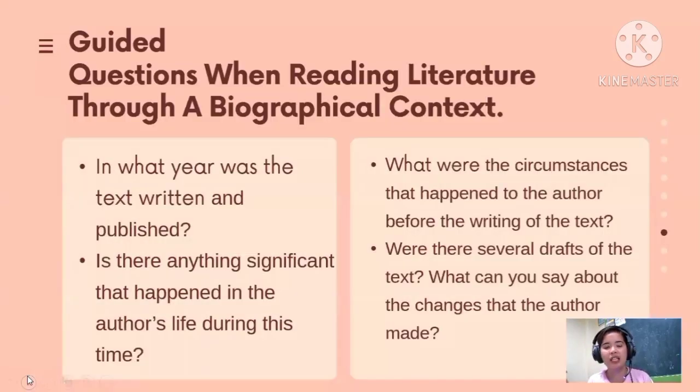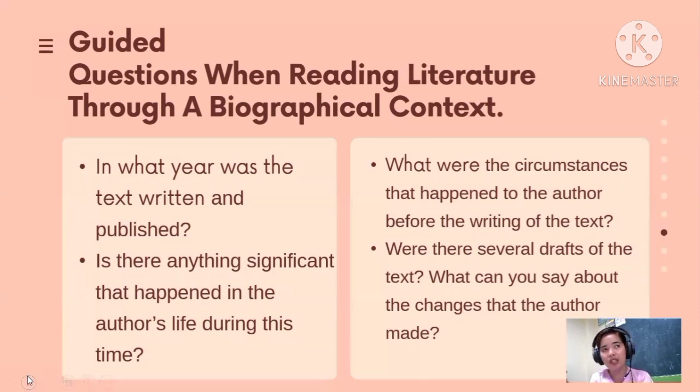So next topic is about the guided questions when reading literature through a biographical context. So what are the questions as you go on and learn and understand some stories? First, you need to understand what year the text was written and published.